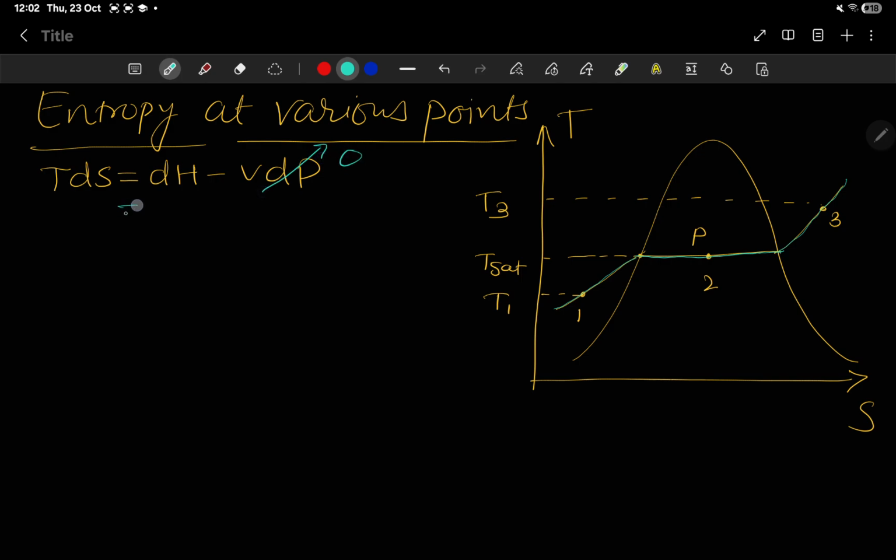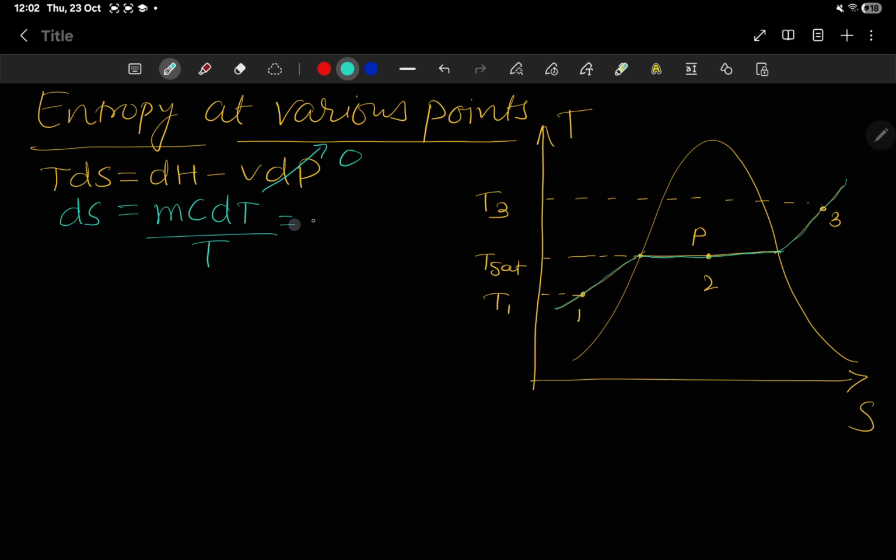Okay, and this dH will become mc dT. And if I want to write dS, this will be divided by T, right? And just integrate this.